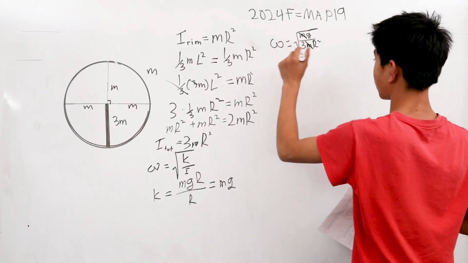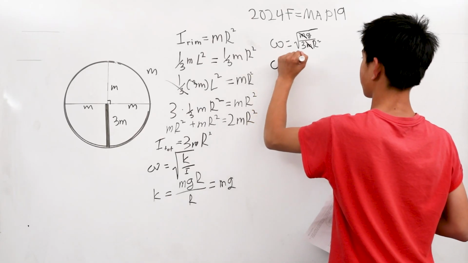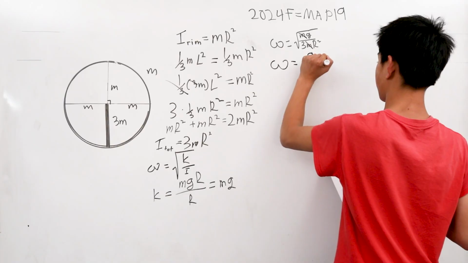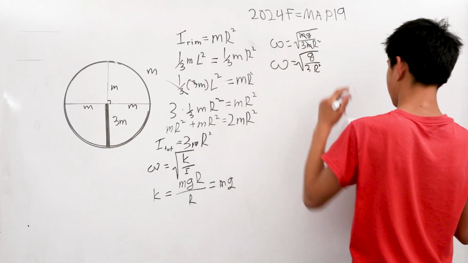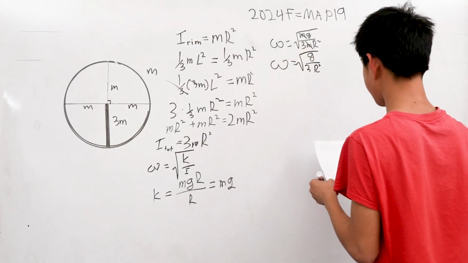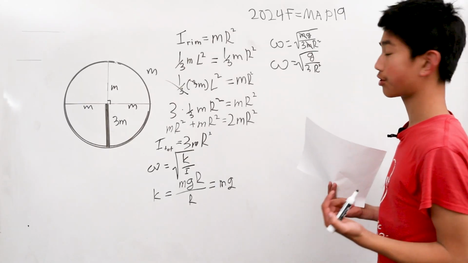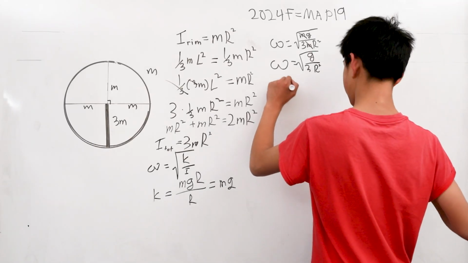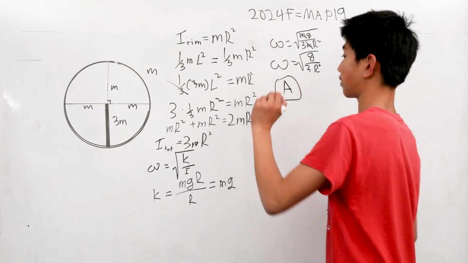These m's cancel out, and omega is equal to the square root of g over 3r squared. So basically finding our closest answer on our answer choices, we get that this is answer choice A, and that would be the answer for this problem.